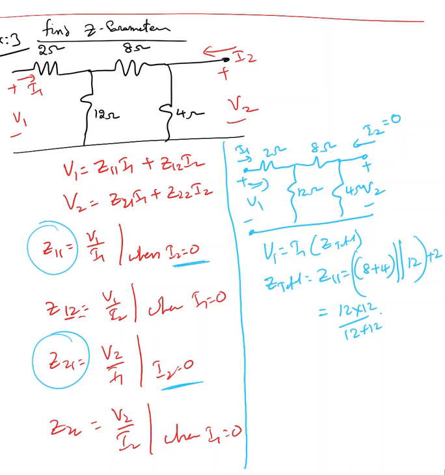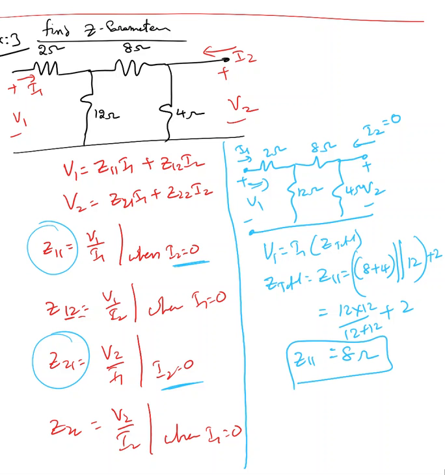The shortcut I discussed many times in the class: if you have two equal value resistors in parallel, it's going to be that resistance value divided by 2. If 3 equal value resistors are in parallel, that resistance value divided by 3. If 100 equal value resistors are in parallel, then that resistance value divided by 100. Okay, so the Z total or Z11 equal to 8 ohms in this case.